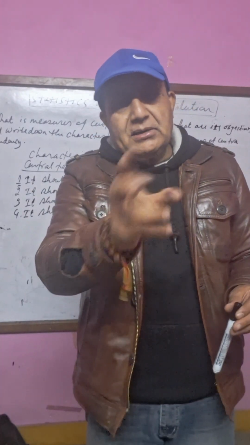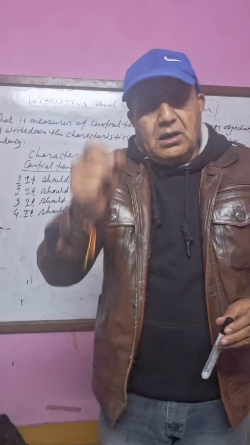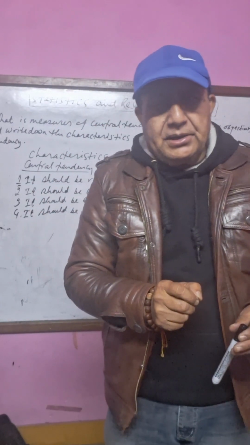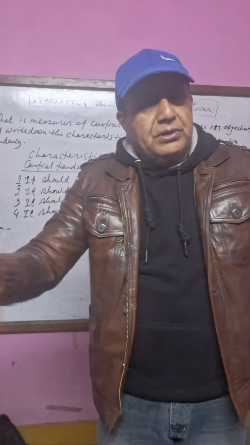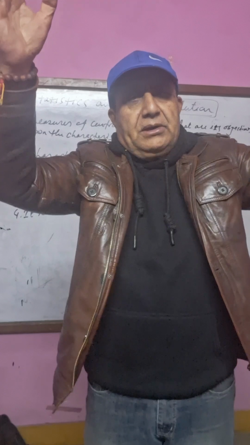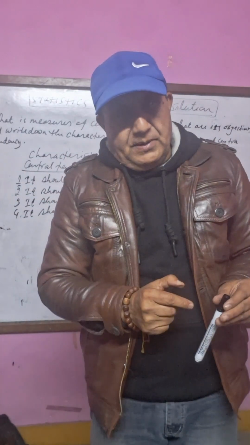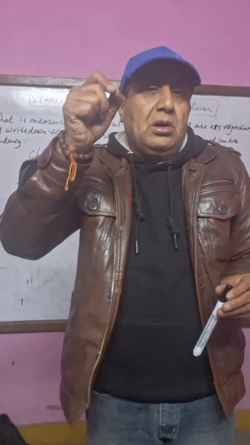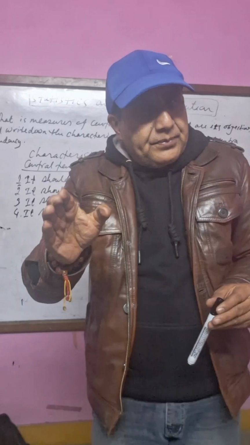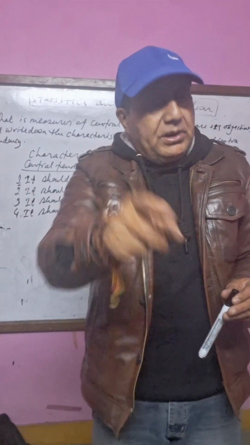Like the median just uses the middle value, only the middle class, not the others, so it is not good. The mean uses each and every class, each and every observation. So that average which uses all observations in the calculation is a good average.